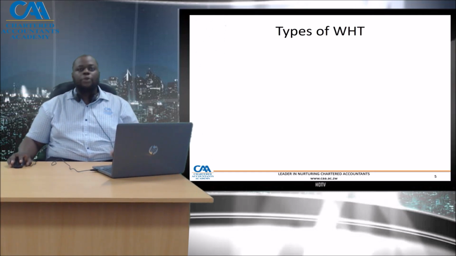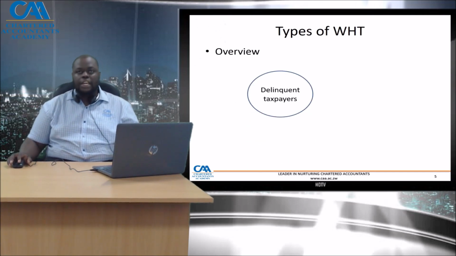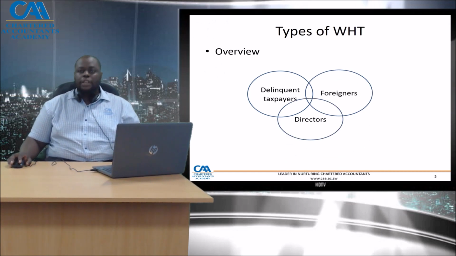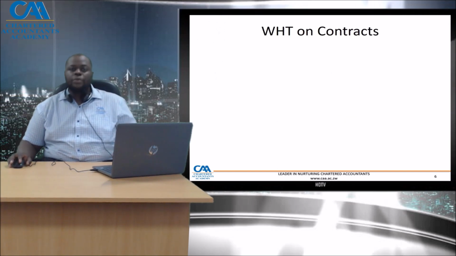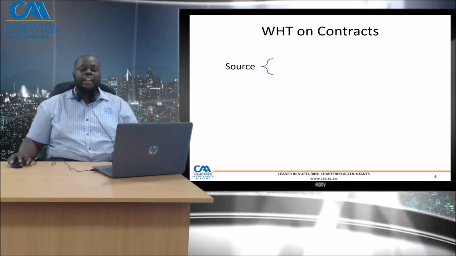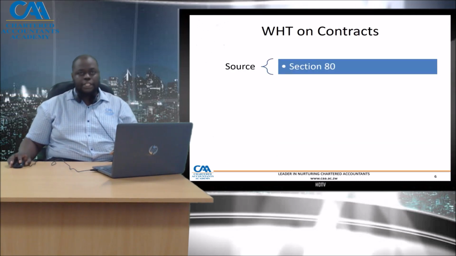Next, let's look at the broad base of withholding taxes. We have three broad sectors. One that covers delinquent taxpayers, your non-residents or foreigners, and the third one will be your directors. So to start off with, we will cover your delinquent taxpayers. These delinquent taxpayers are captured mainly by your withholding tax on contracts, which is covered under Section 80 of your Income Tax Act.